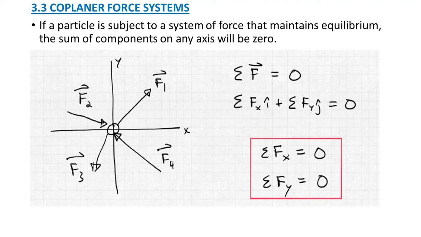Since sigma Fx i plus sigma Fy j equals 0, it means that sigma Fx is equal to 0, and it also means that sigma Fy components are also equal to 0. In the same way, you can get the resultant as the square root of sigma Fx the whole squared plus sigma Fy the whole squared, and once you get the resultant, you also know how to get the direction of the system under consideration.